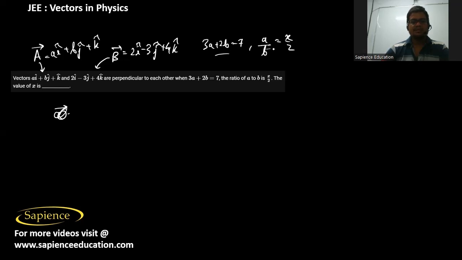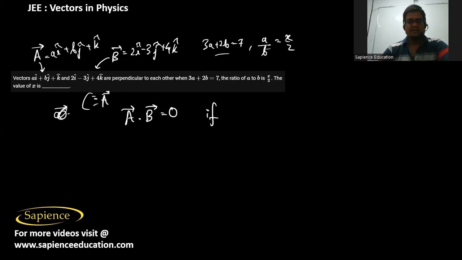When this happens, these two vectors will be perpendicular, then the value of x is to be found. So a dot b is equal to 0, since when they are perpendicular, their scalar product should be equal to 0.